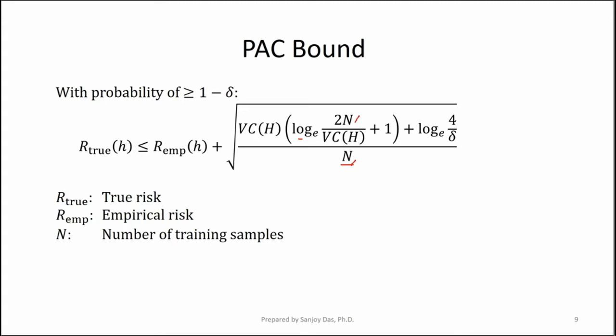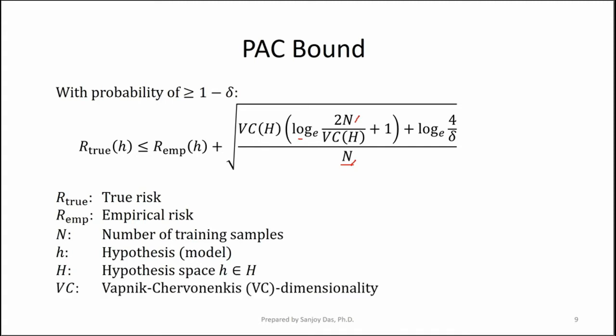And h is the hypothesis, which is a model, and the model is drawn from a hypothesis space, uppercase H. And VC here is the Vapnik-Chervonenkis or VC dimensionality of the hypothesis space. That gives you a rough measure of how complex the model is.